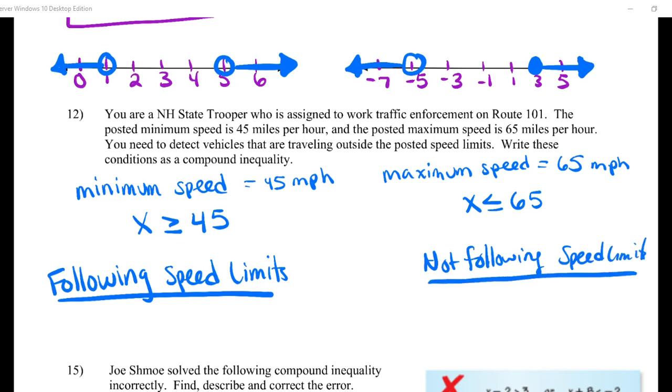So I decided to break this up into two inequalities. One expresses people that are following the speed limits, and one, people that aren't following the speed limits.